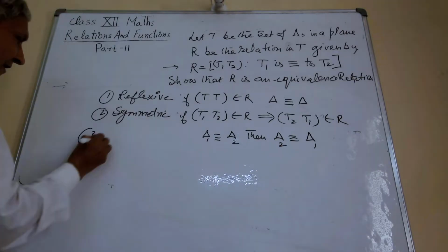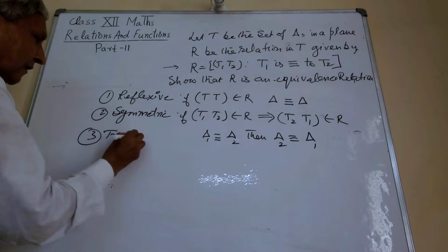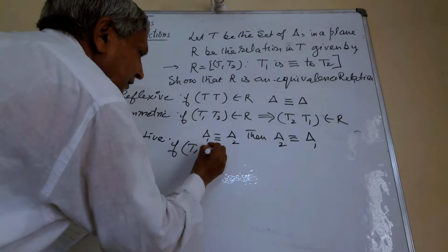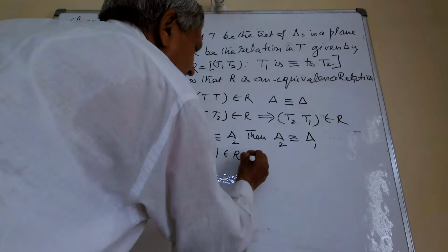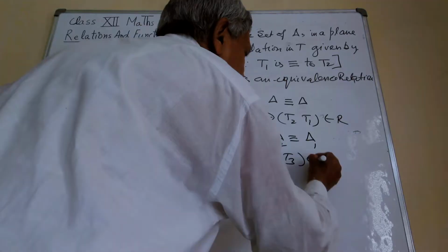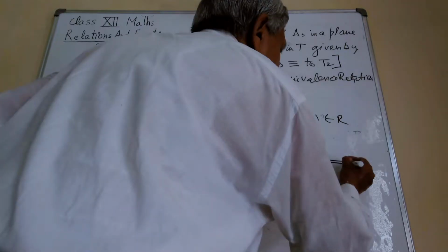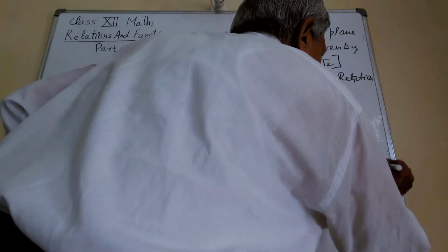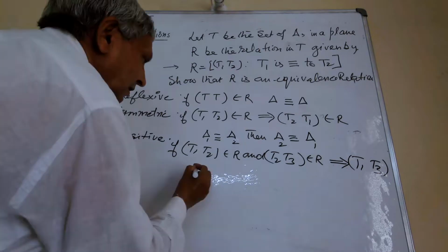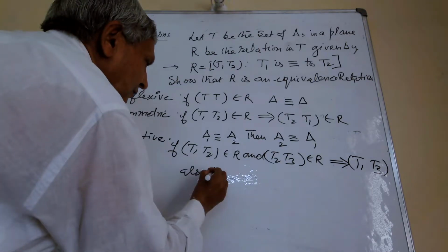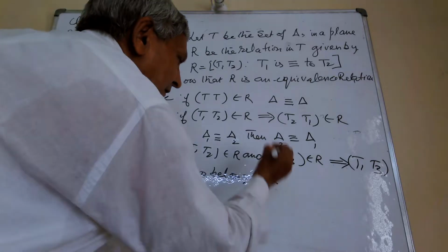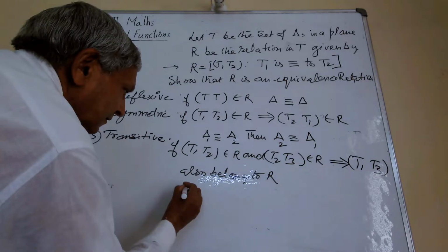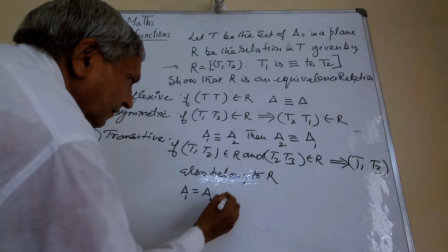Third, transitive. If (T1, T2) belongs to R and (T2, T3) belongs to R, this implies (T1, T3) also belongs to R. See here, T1, first triangle is congruent to second, given.